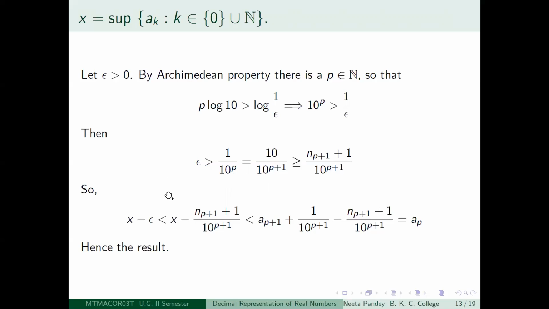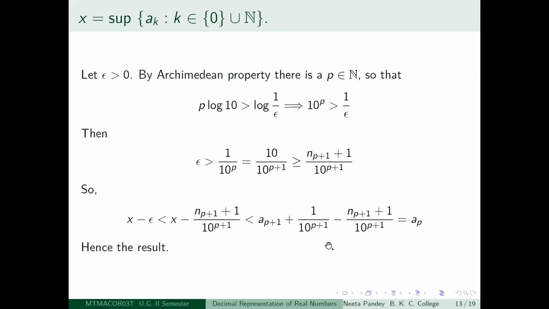Therefore, x minus epsilon will be x minus this, right? And what is your x? x is less than a_{p+1} plus 1 by 10 to the power p plus 1. So x minus this quantity is going to be less than a_{p+1} plus 1 by 10 to the power p plus 1 minus the same quantity.